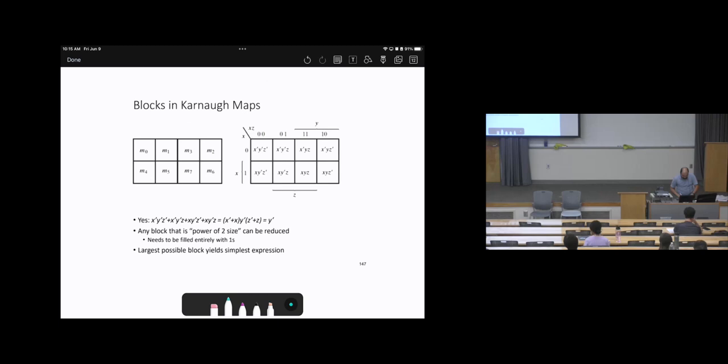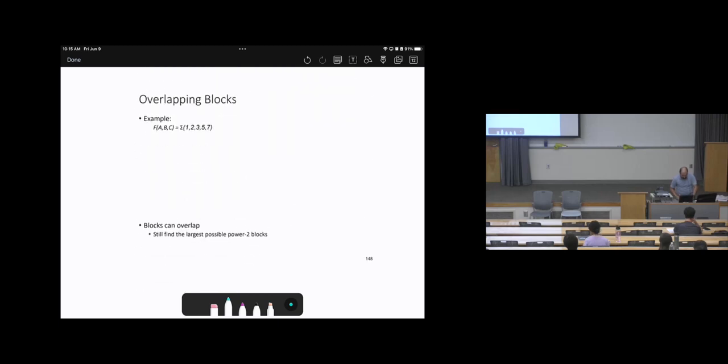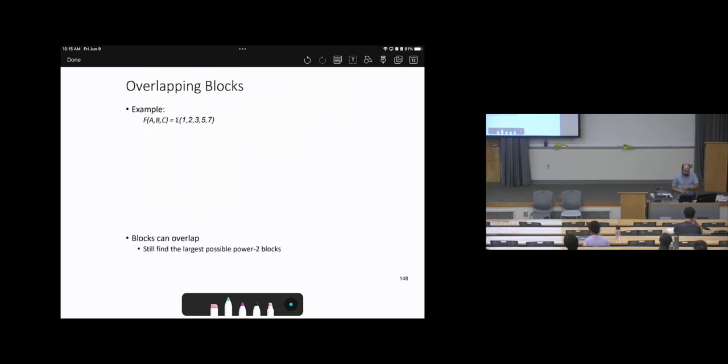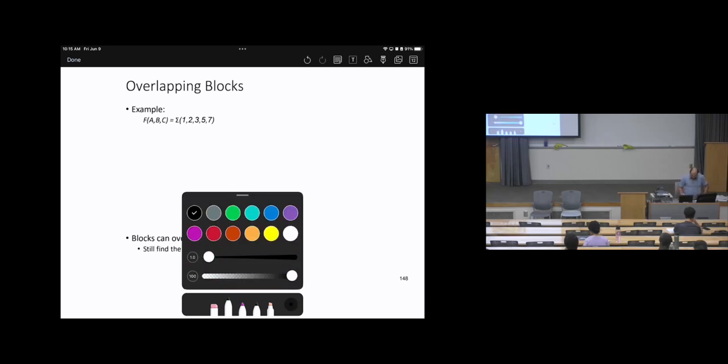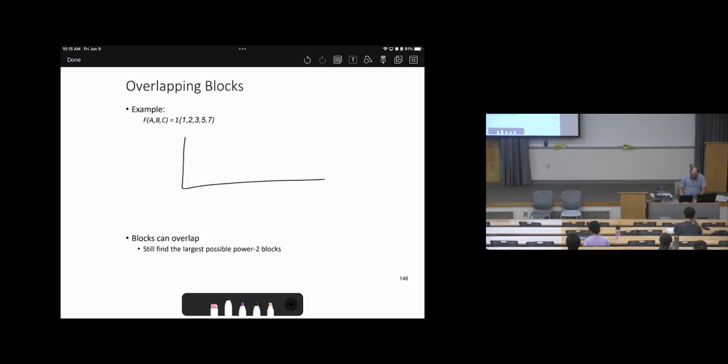Okay, let's go to this slide. Let's do 1, 2, 3, 5, 7. Let's do the Karnaugh map first. Here is C, here is AB. If it's AB or XYZ, it's the same. But keep in mind the third variable C will be here, and it includes 8 blocks, 2 rows, 4 columns.